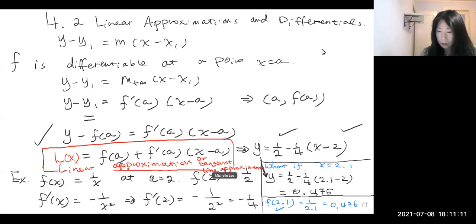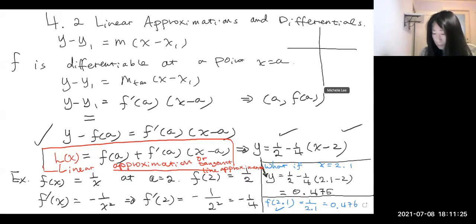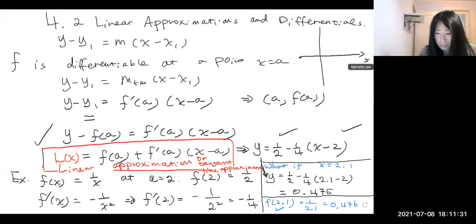So let me draw this one, there is space there. So the function 1 over x looks like that, right? Okay.